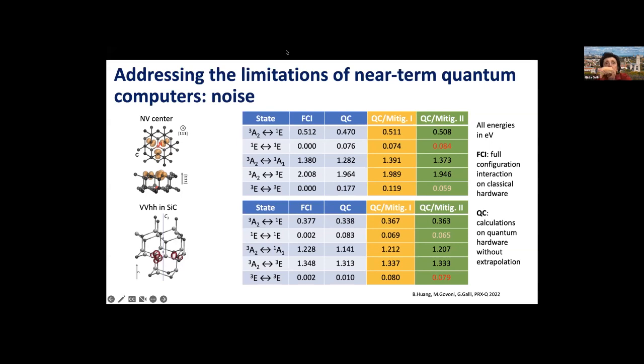Are you asking me if the results depend on the coherence time? I mean, on the quantum hardware that I'm doing my calculation on? If this is the question, the answer is unfortunately yes.